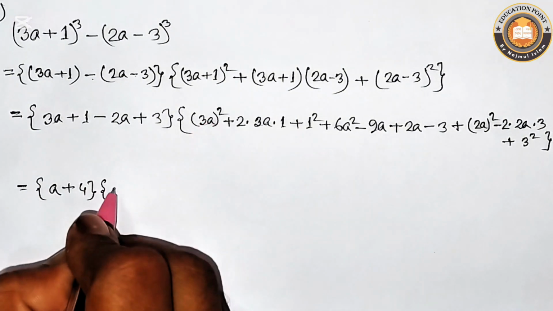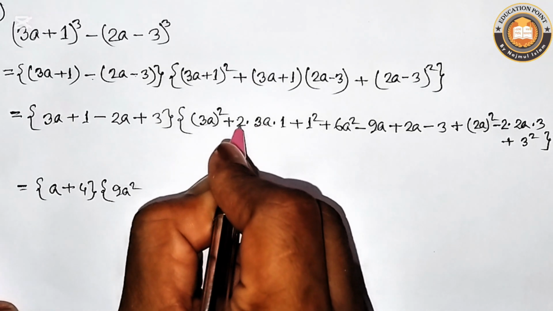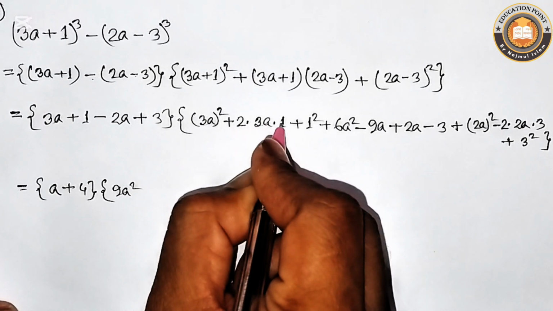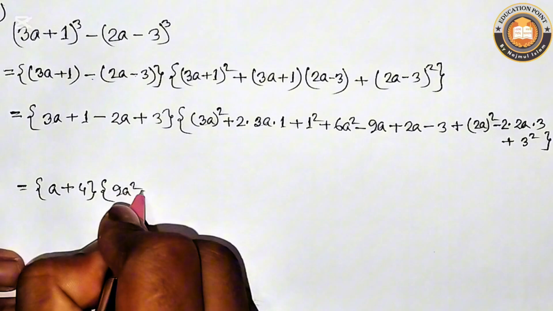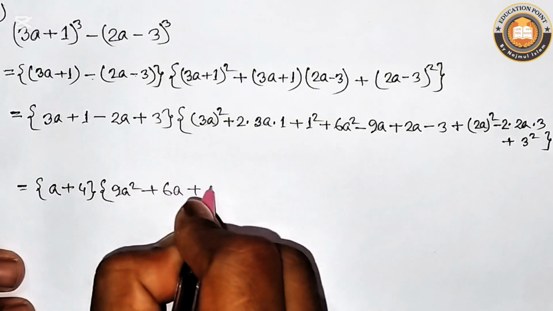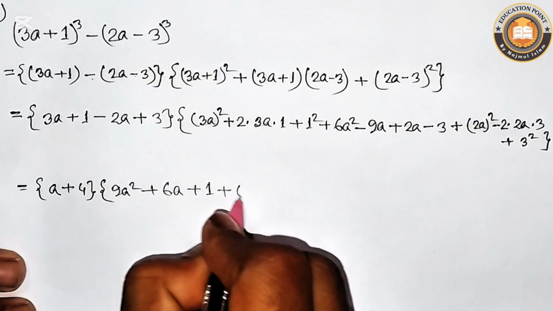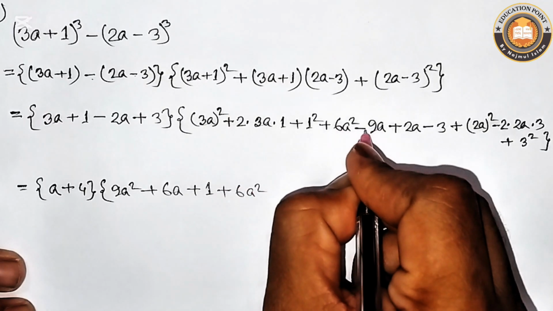Here square value of 3a equals 9a square. 3 times 2 into 1 equals 6a. Square value of 1 is 1, plus 6a square.